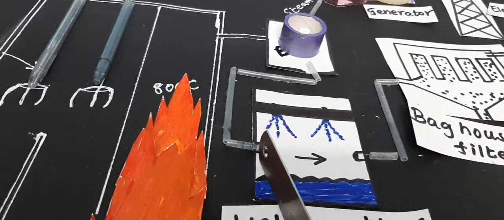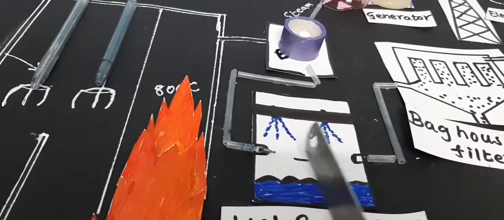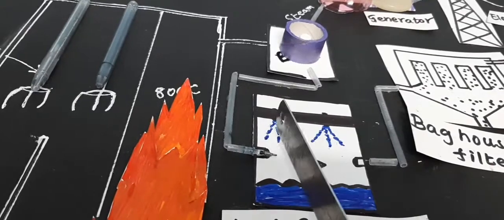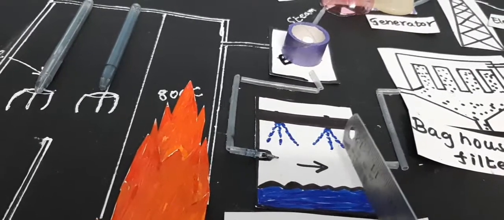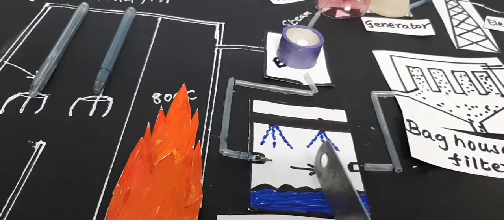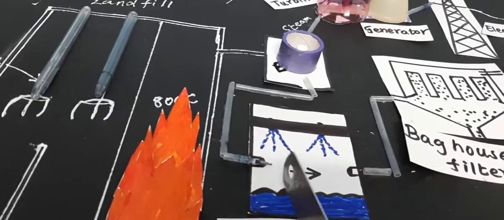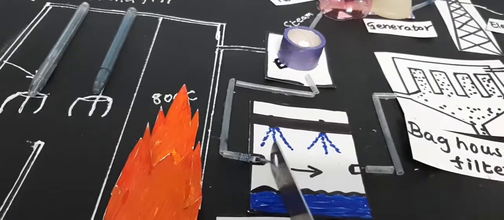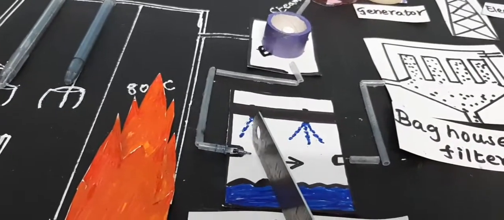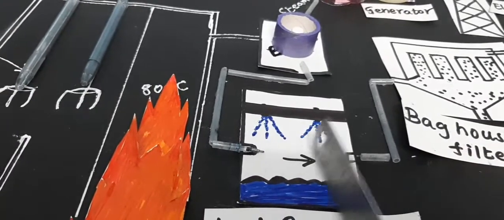If the gas has more acidic content in it, then it can be neutralized by spraying with caustic soda, sodium hydroxide. So it depends upon what kind of pollutants are present in the gases. Depending upon that, the chemical liquid is chosen.